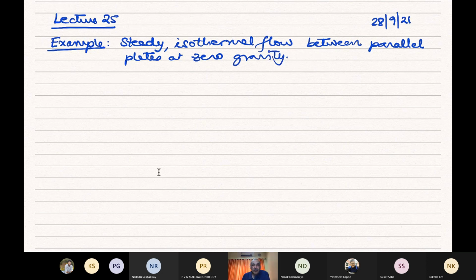So there's no gravity force. Essentially, the equations will remain the same.